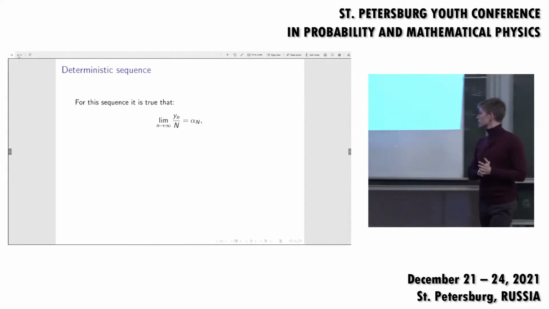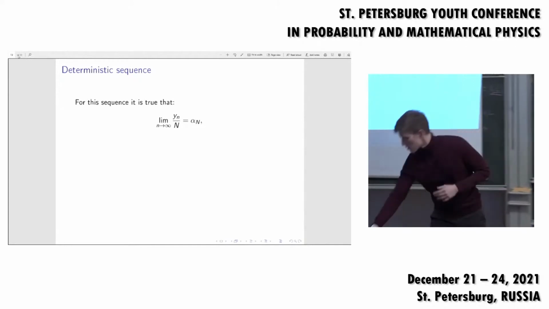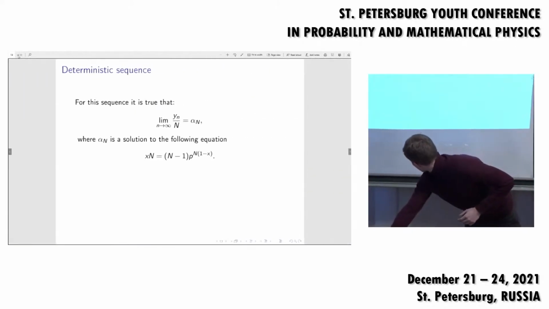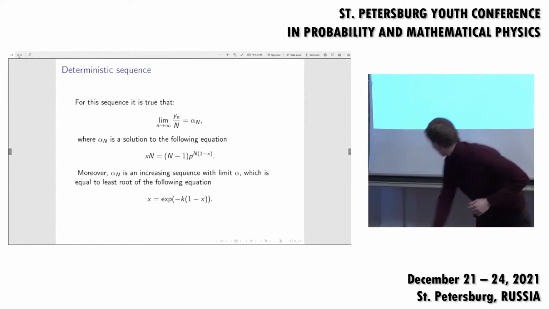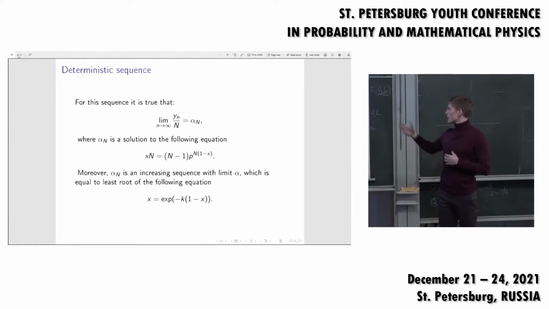For the sequence, we can obtain some results. First of all, Yn has a limit, alpha n, and alpha n is a solution of the following equation.